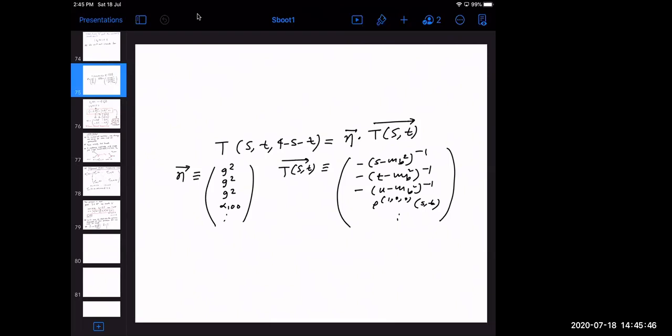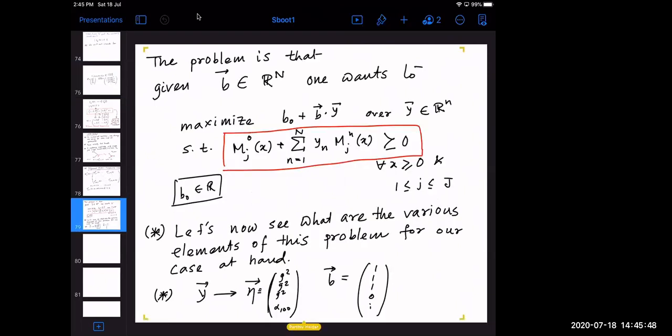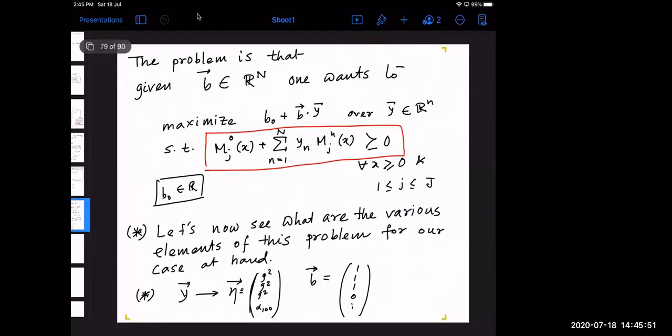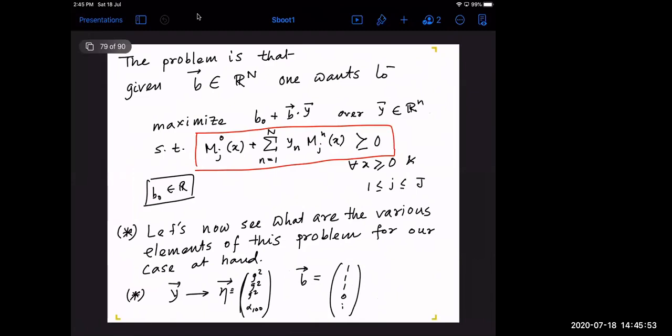All other entries are similarly zero. So note clearly that b dot eta is equal to simply g square. And for this problem, b naught is chosen to be 0. So this is what one wants to optimize.